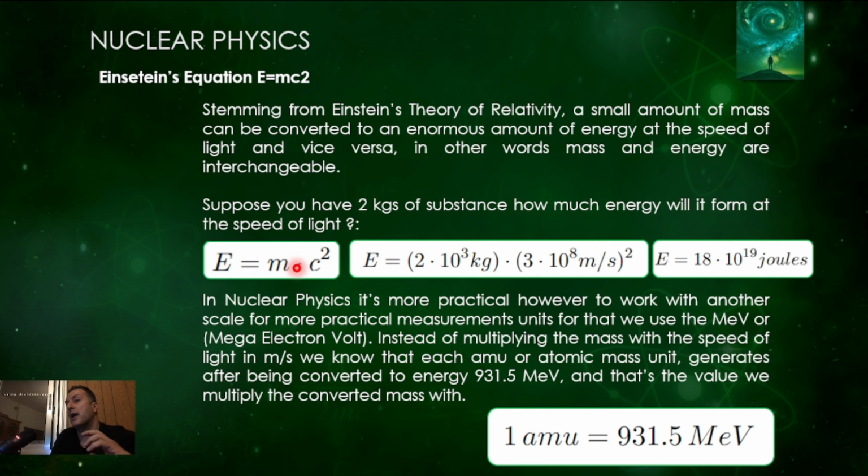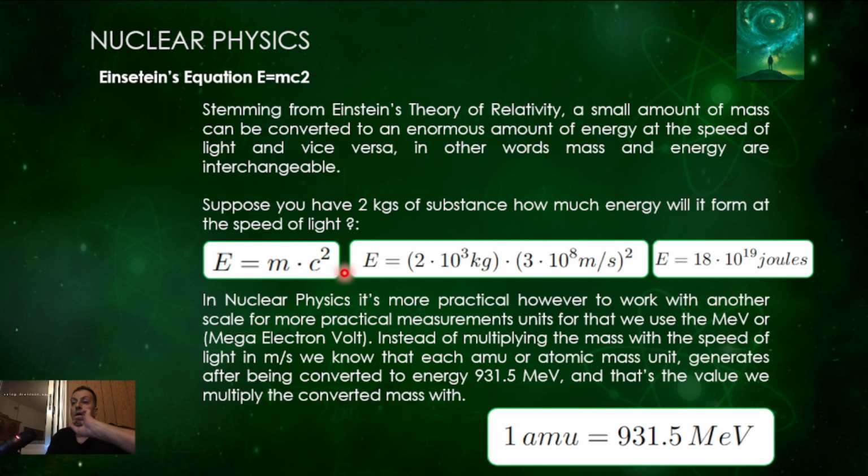E equals mc squared, so you have 2 times 10 to the power 3, because it's in kilograms, times 3 times 10 to the power of 8 meters per second, which is the speed of light. Then E, or energy, is equal to 18 times 10 to the power 19 joules.